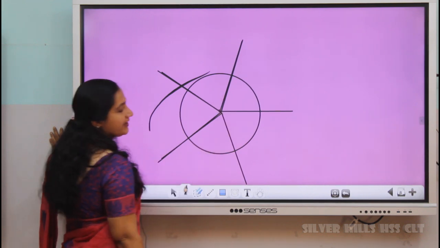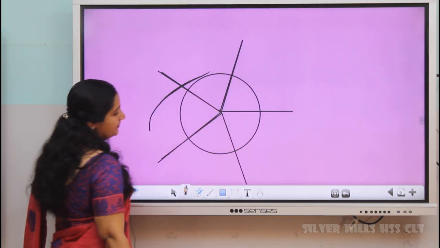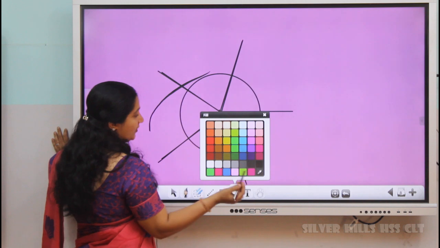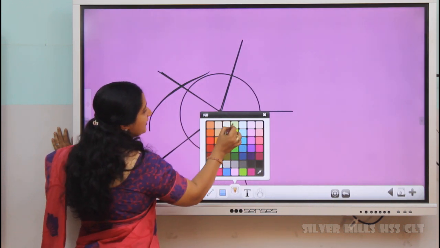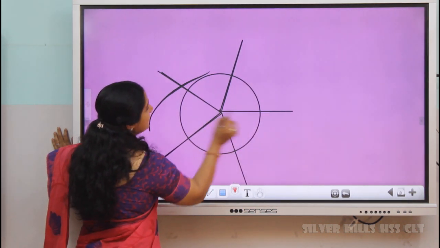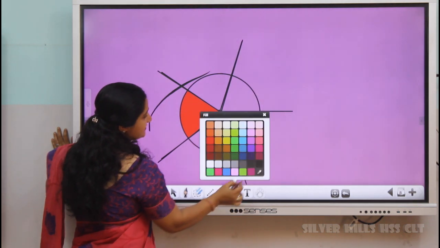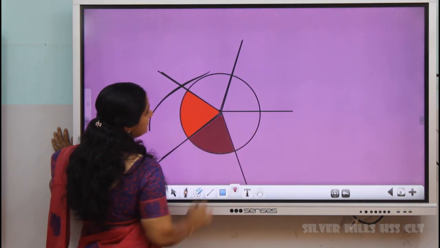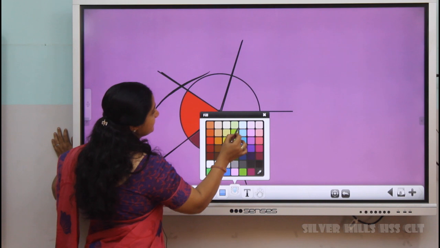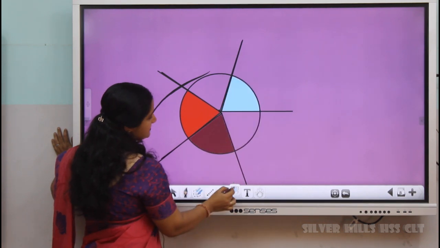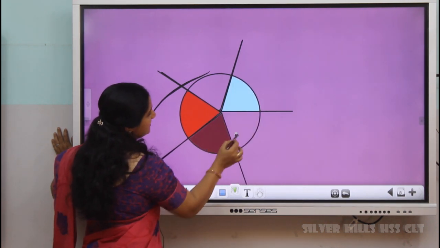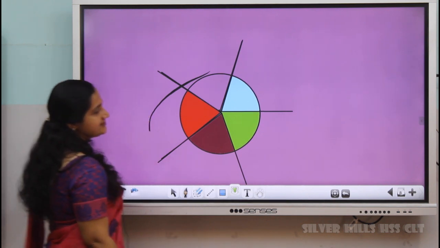If you want, you can rub out the remaining part. Now see, if you want to make it beautiful, you can give different colors. Fill it. See how beautiful it is.